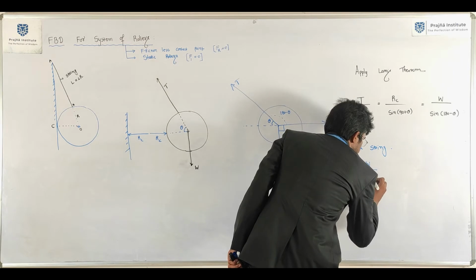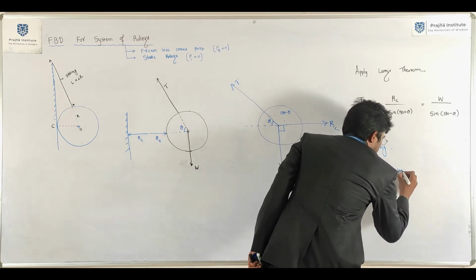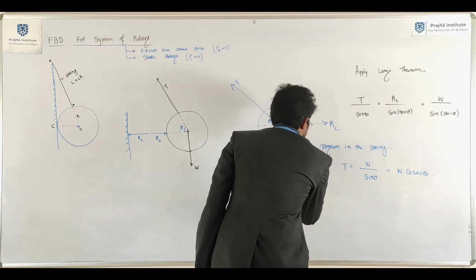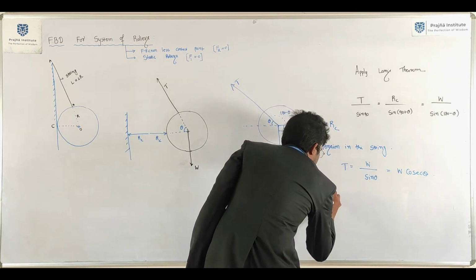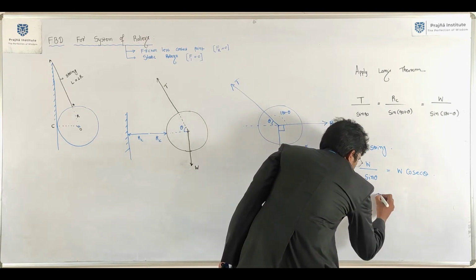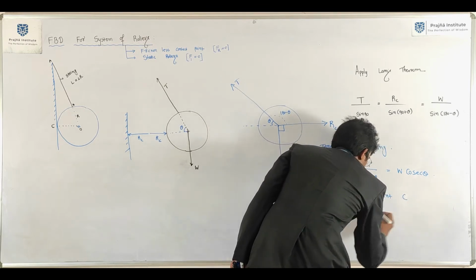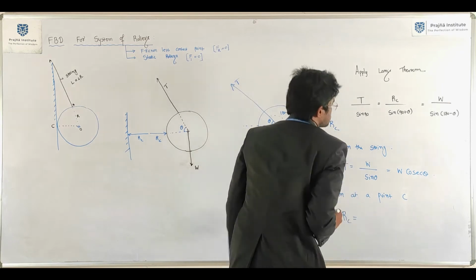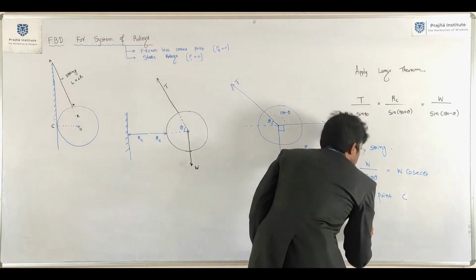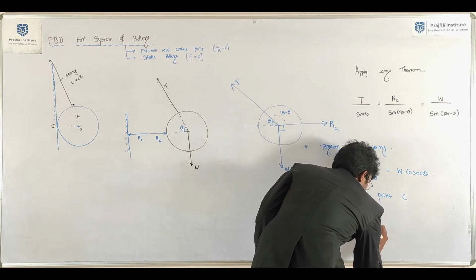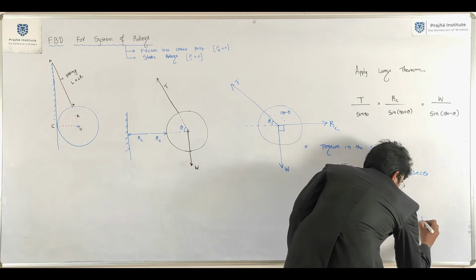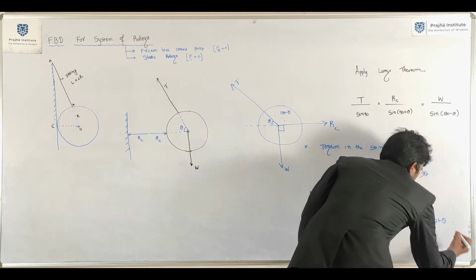It is nothing but sin theta. Okay, W cosecant theta, you will get it. Reaction at point C, R_C equals, how much is this? Sin (90 plus theta) is cos theta. W by sin theta into cos theta, W cot theta.